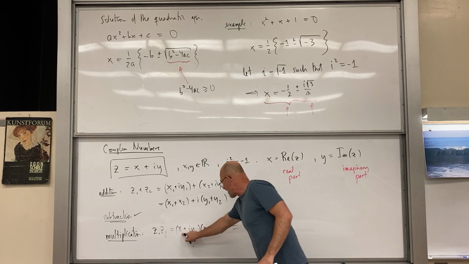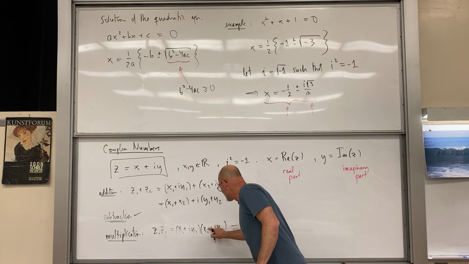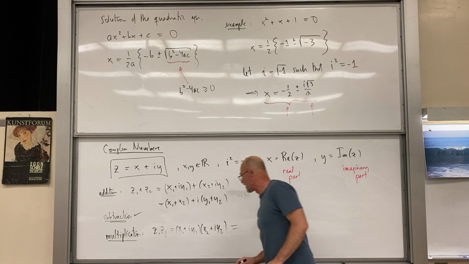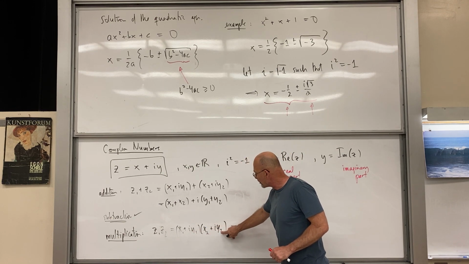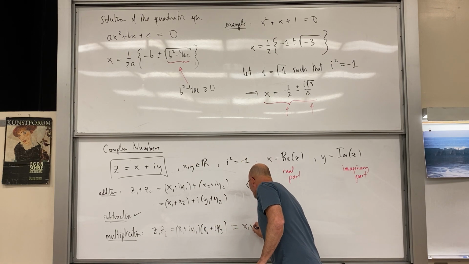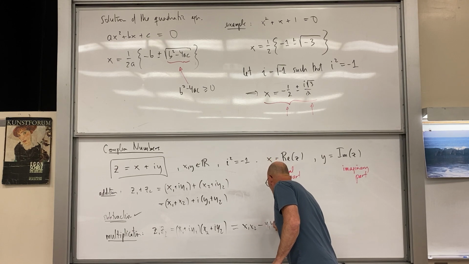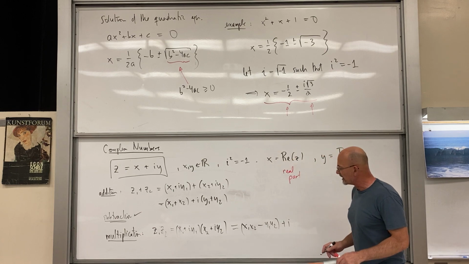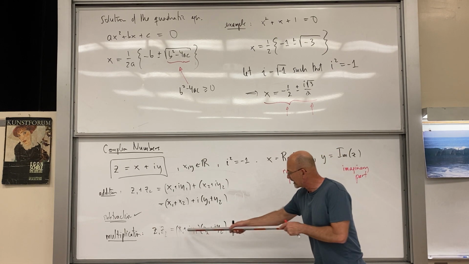So we're going to have x1 times x2, and then y1 times iy2 is going to give us minus y1 y2. So we're going to have x1 x2 minus y1 y2. And then what's common with the i's here is i times y1 x2, and i times x1 y2.